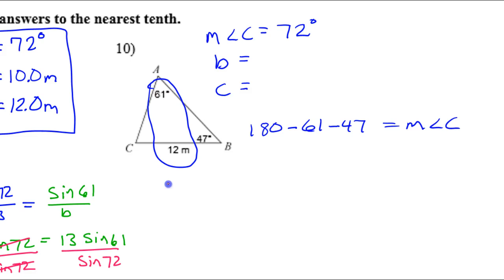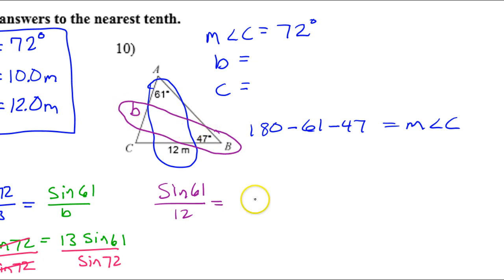So using the law of sines, the sine of 61 over the opposite side 12, that ratio should be the same for any other pair of angle and opposite side. So here's side B over here. These two go together, they're across from each other. So this should equal the sine of 47 divided by B.